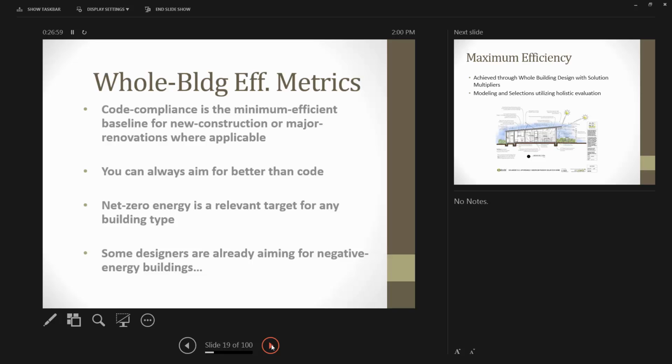You can always aim for better than code. For new construction, we talked about code as the minimum that you need to do and not break the law. New construction whole building efficiency goals can be set anywhere from code, to X percent better than code, or towards net zero.